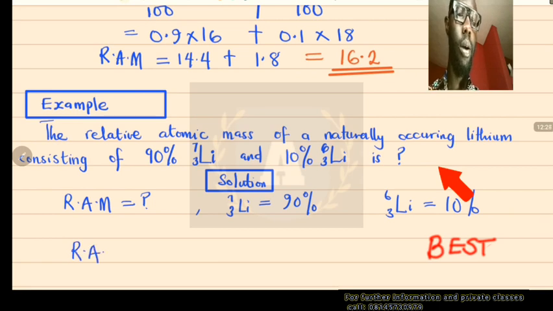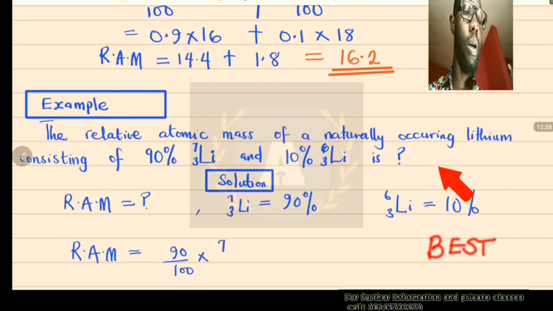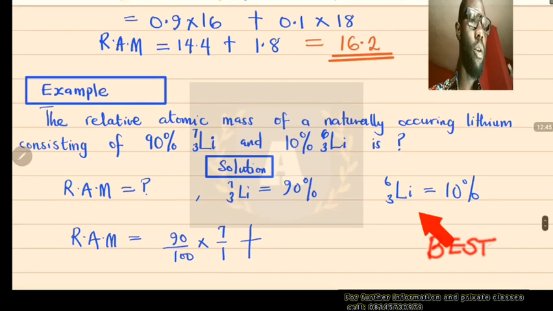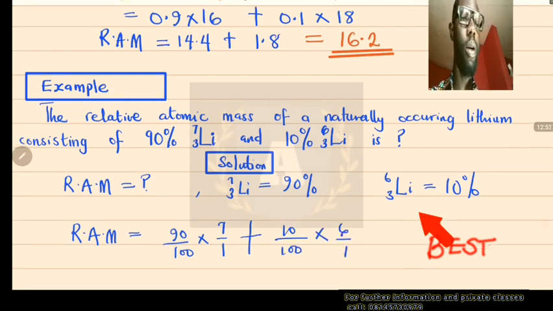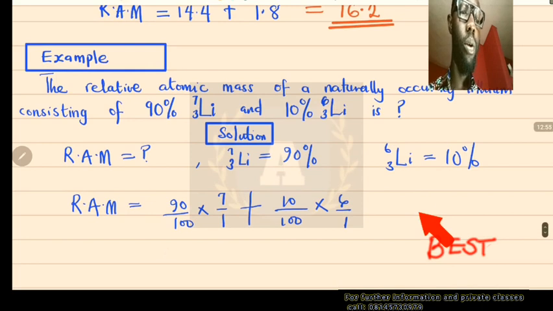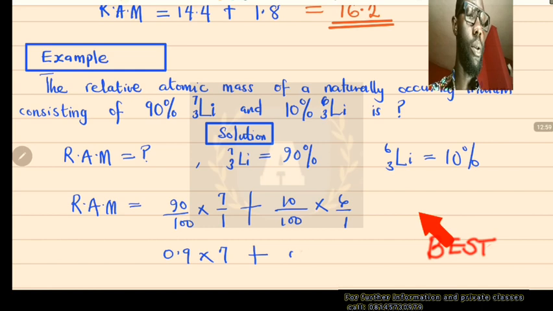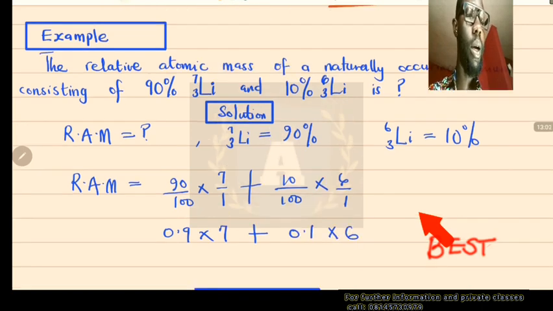So to get the R.A.M, what do we have? You're going to divide 90 by 100, that is the percentage, multiply by 7, the mass. You don't have anything to do with the atomic number. No, you have things to do with the mass number only. So this is 10 divided by 100 multiplied by 6 over 1 as well. So 90 divided by 100, that is 0.9 multiplied by 7 plus 0.1 multiplied by 6.